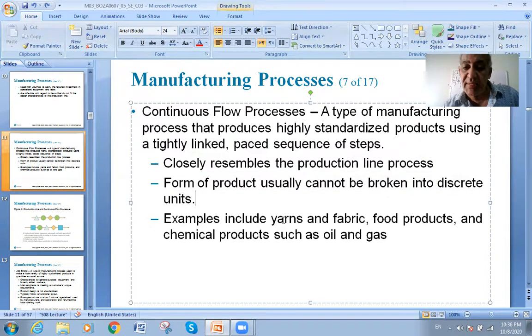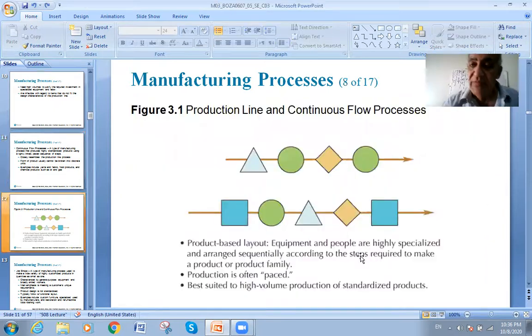Examples include yarns, fabrics, food products, and chemical products such as oil and gas. It looks like a line of production. Here, it shows both the production line and the continuous flow process, how they look.